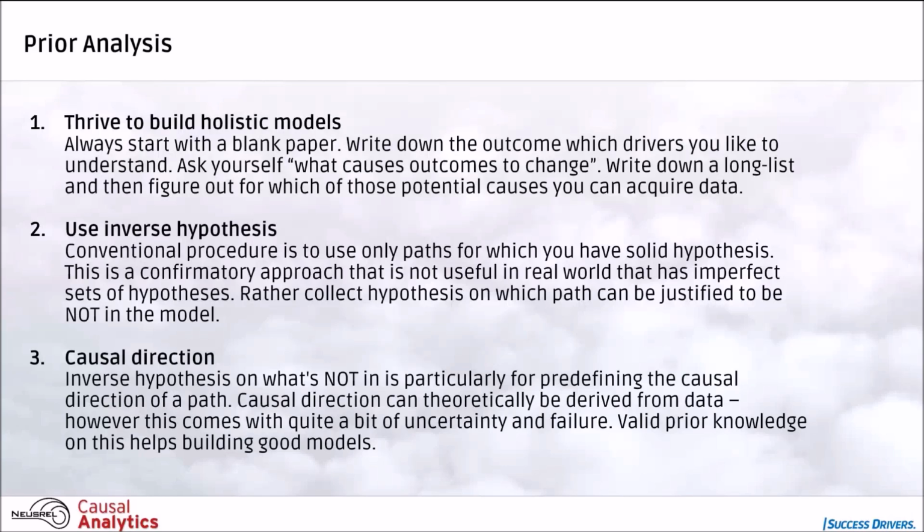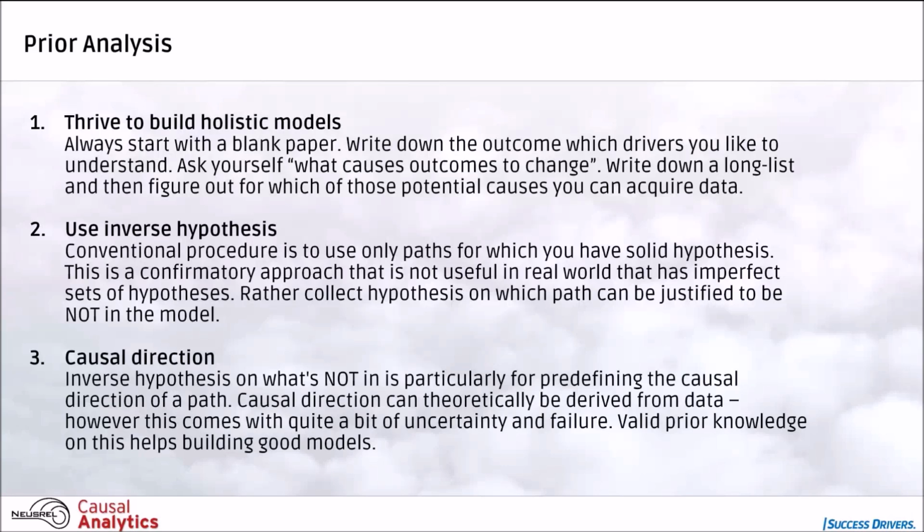Causal direction can theoretically be derived from data. However, this comes with quite a bit of uncertainty and failure. Valid prior knowledge on this helps building good models. So we have testing, or even more testing mechanisms, with the NEUSREL.